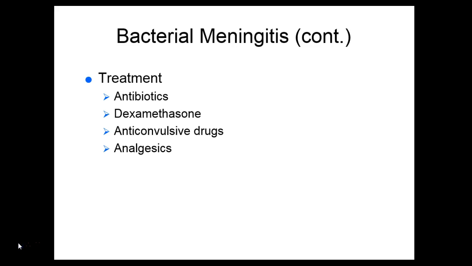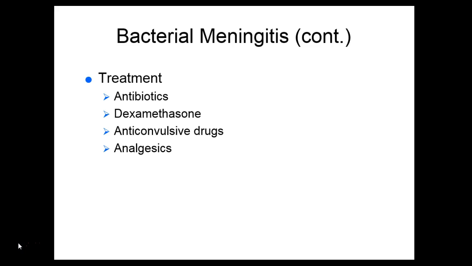The success of treatment of meningitis depends on early recognition and prompt treatment. Antibiotics can be started immediately for bacterial meningitis, and when the causative organism has been identified, a specific antibiotic to which the organism is sensitive should be administered. A combination of 2 antibiotics is often common.